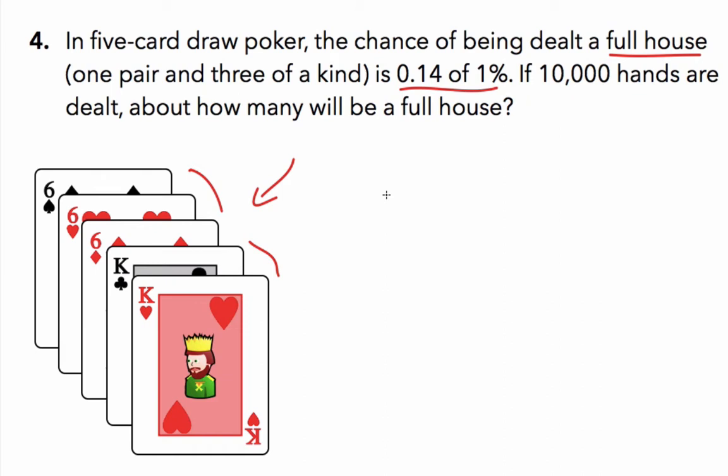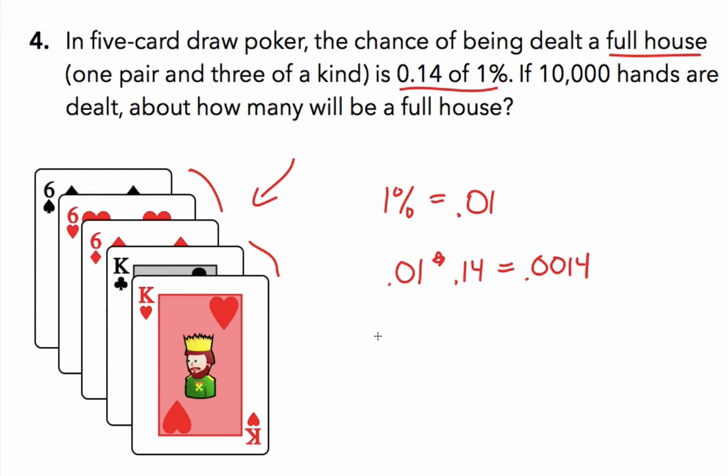This question expresses that outcome in both decimal terms and a percentage, so let's start by getting everything into decimals. 1% can be expressed as the decimal 0.01. We can multiply that by 0.14 to get the probability of getting a full house on any one hand. That probability is 0.0014.